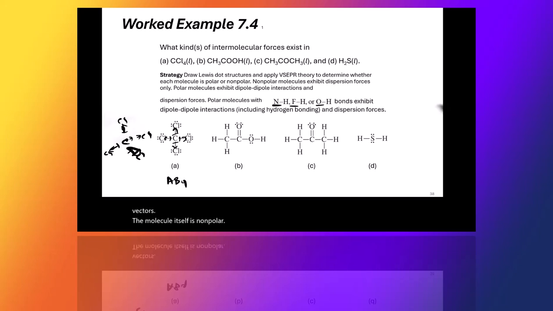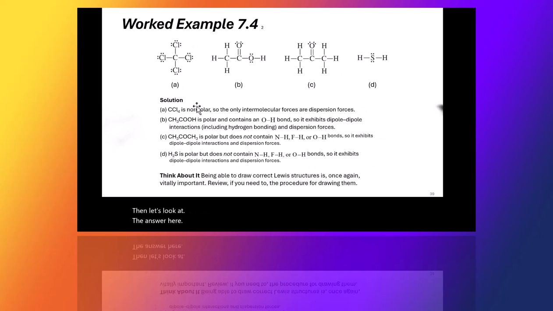So if the molecule is nonpolar, then let's look at the answer here. So carbon tetrachloride is nonpolar, so the only intermolecular force would be dispersion forces.